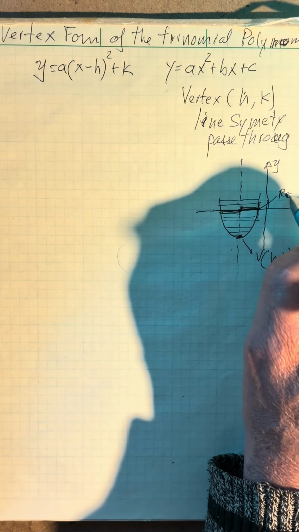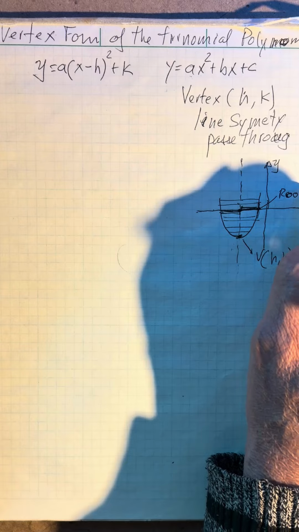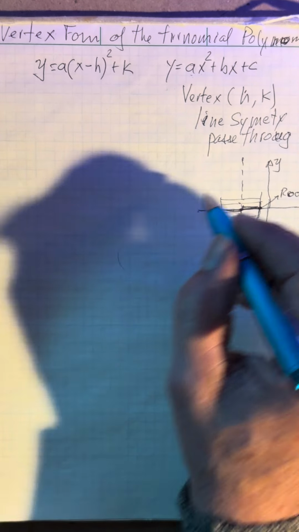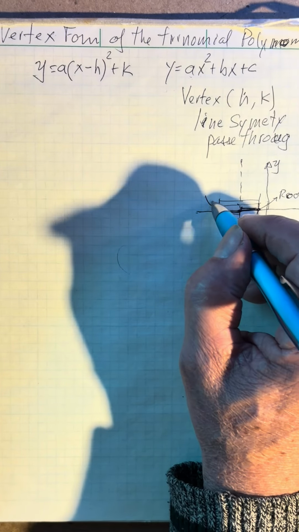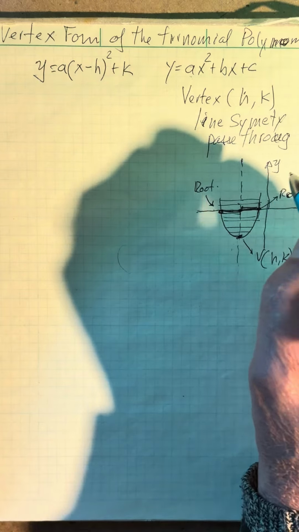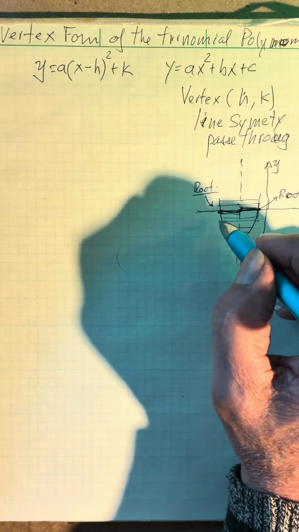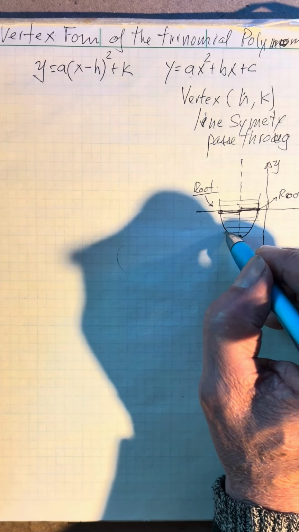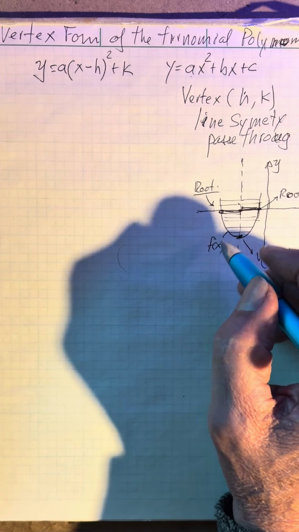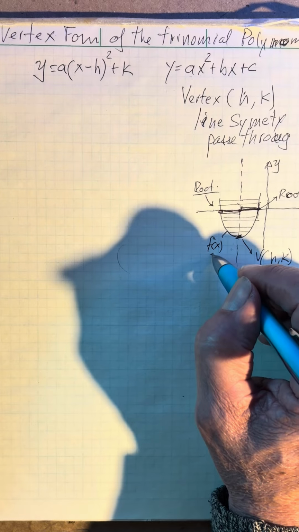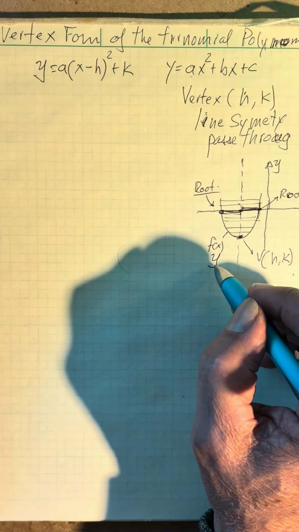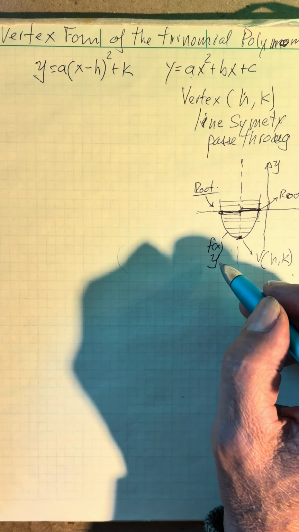This is a root, and this is a root. And the root is obviously known as the zero crossing of the function. This is the function of x, which every time we're working with polynomials and trinomials, we like to call it y.